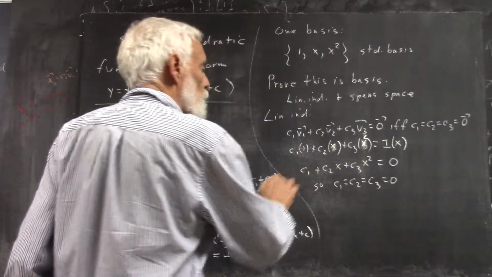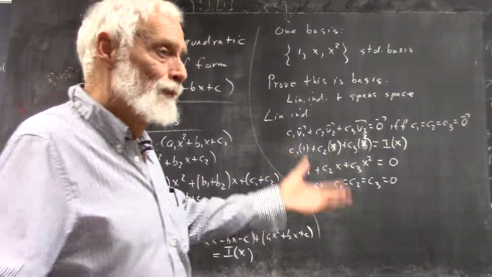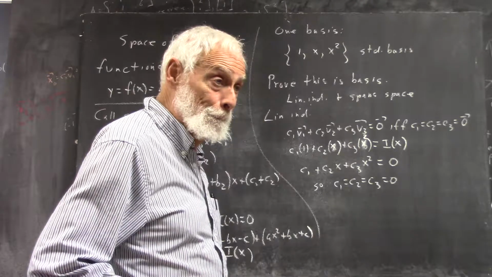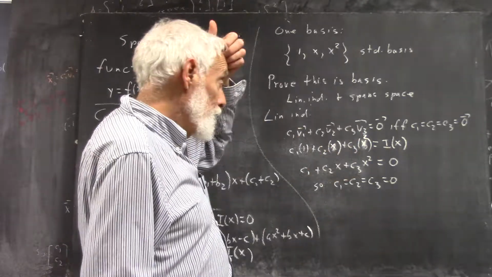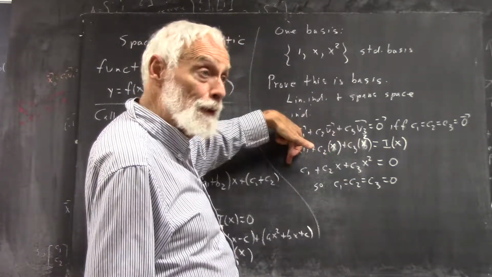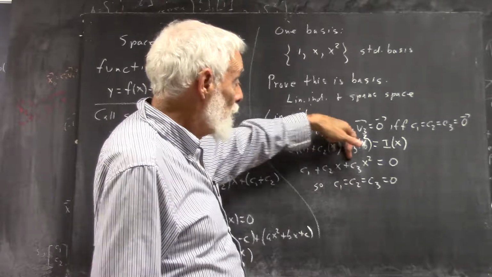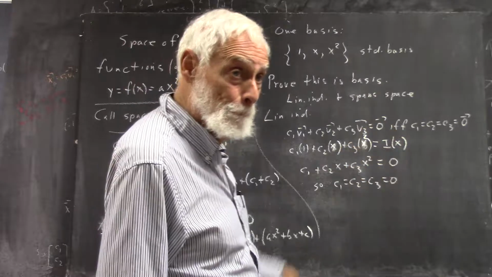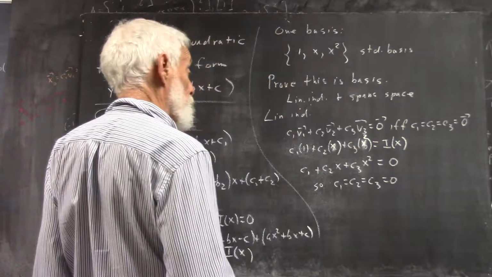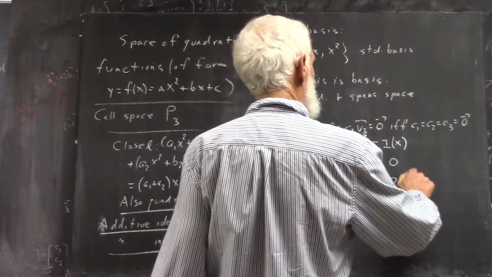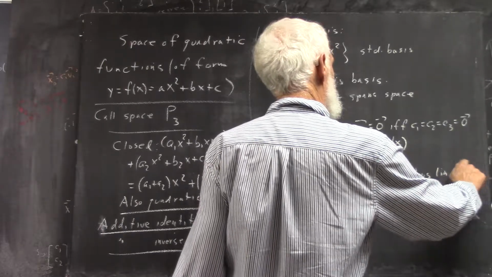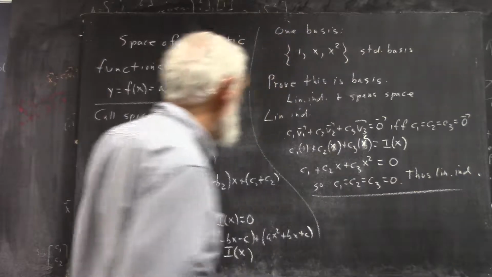These are all unlike quantities, if you just want to go back to Algebra 1, okay? They're unlike quantities, and so you can't combine them. So unless all these c's are 0, you're not going to get 0, okay? That's all there is to it. Thus, it's linearly independent, okay?